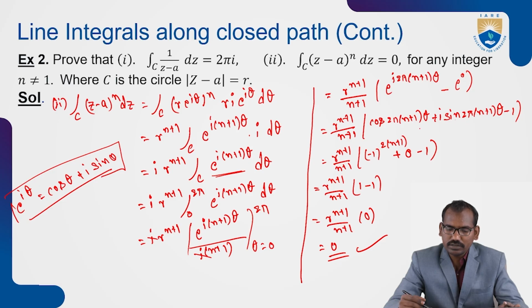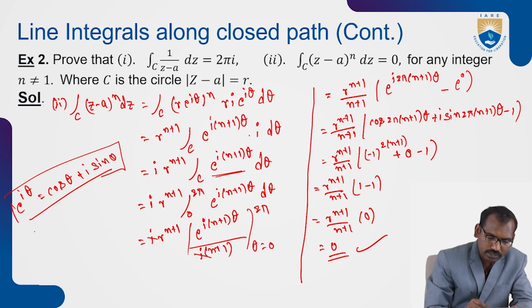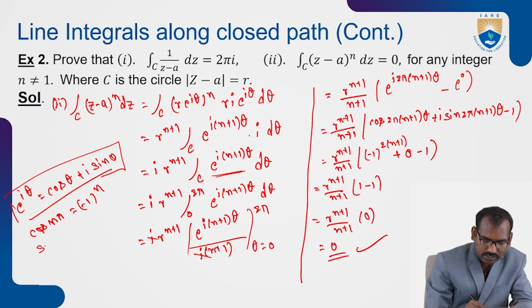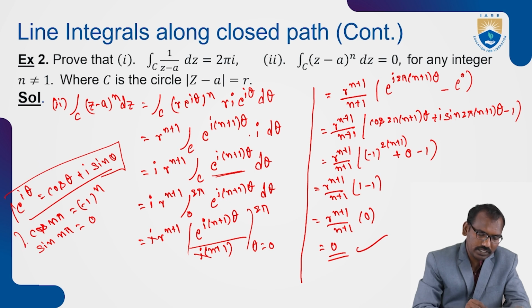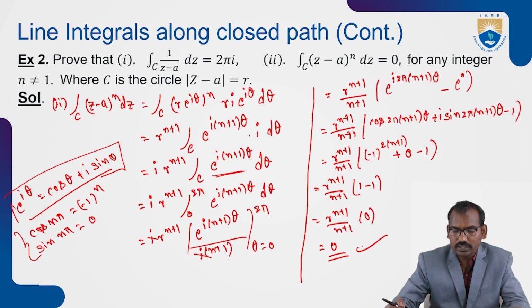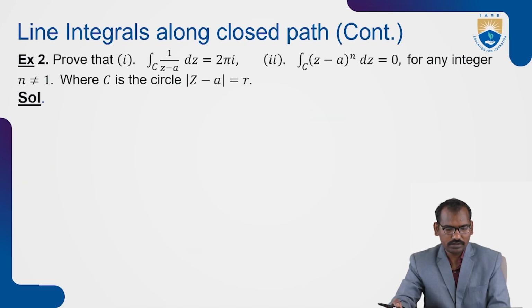Okay. So for cos of pi multiples, we know the formula cos n pi is minus 1 power n. Similarly, sin n pi is always 0 for every integer. We have used these three, and we showed this result.